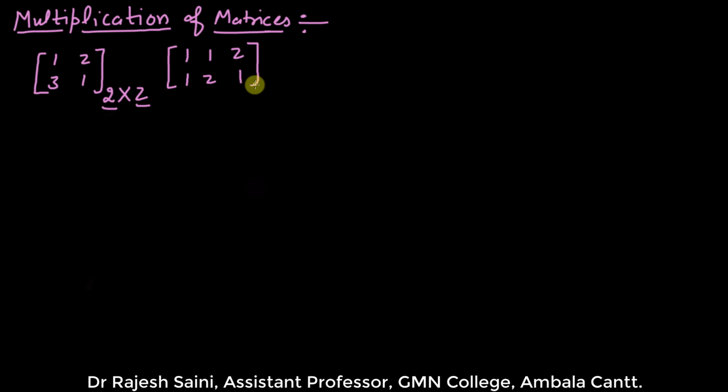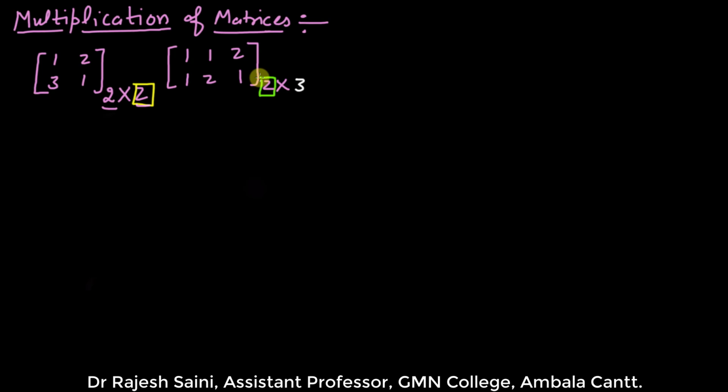It has 2 rows and 3 columns. So which rule is to be checked? The number of columns this matrix has, that is 2 columns, must be equal to the number of rows this second matrix has.